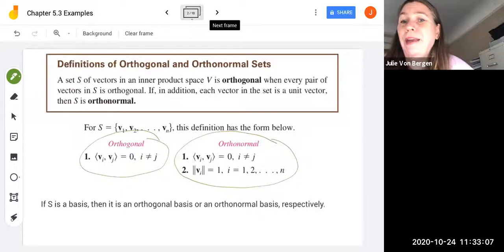If S is a basis, then it's an orthogonal basis or an orthonormal basis. It could be orthogonal if the length of the vectors is different from 1, and if you've normalized all the vectors so that they have length 1, it's an orthonormal basis. And we'll see that if you have an orthogonal basis, you know how to normalize vectors to give them length 1, so it's really easy to build an orthonormal basis.